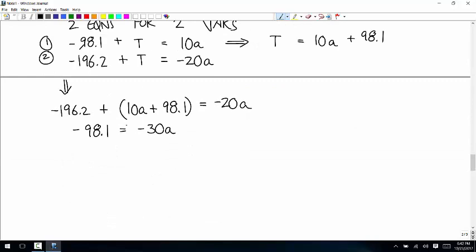So what's 98.1 divided by 30? 3.27 meters per second squared. And then plug that back into the acceleration from Newton's second law, and you get the acceleration for the 10 kilogram mass is equal to 3.27.